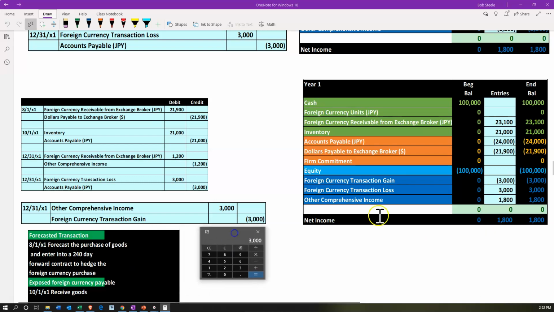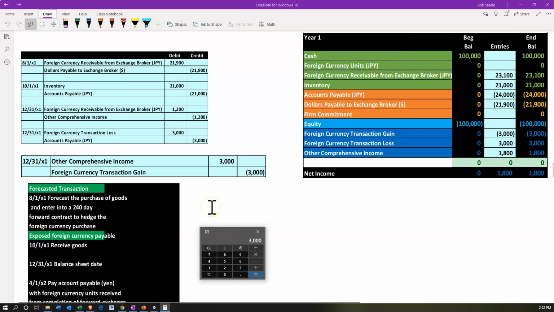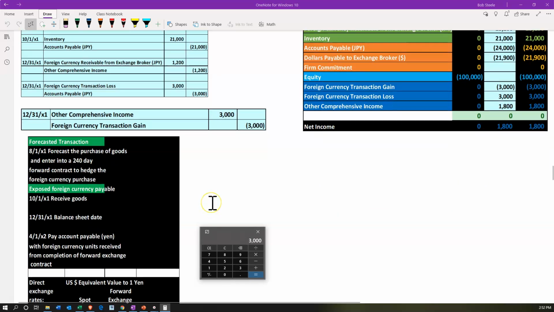So we're going to record a gain, which will net it out. That means the net effect is 0 here, moving it into the other comprehensive income, which has a loss reflected in it from the transactions thus far. So we've removed it from the normal income statement items and put it into other comprehensive income with this transaction as of 12/31/X1.